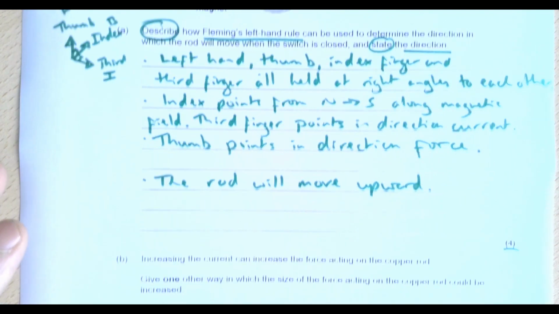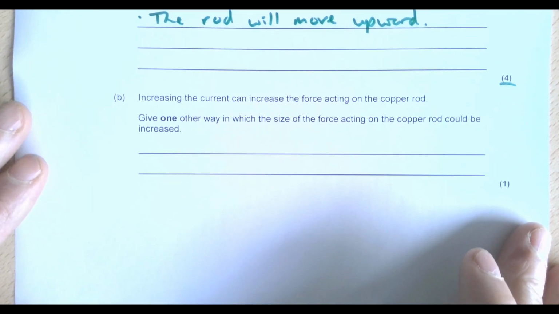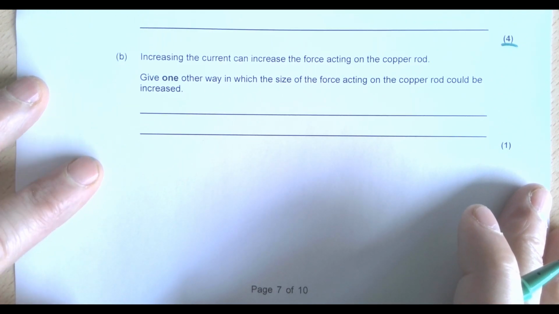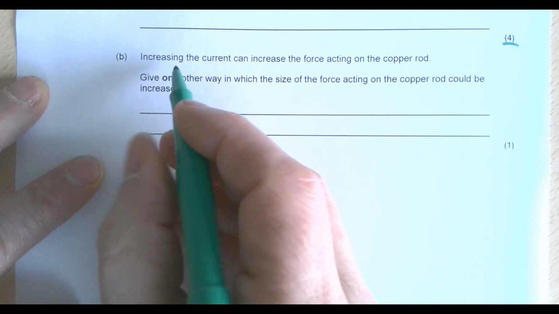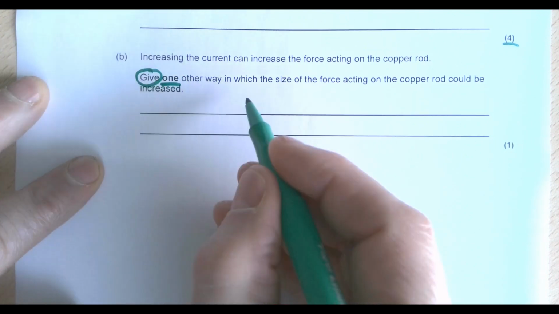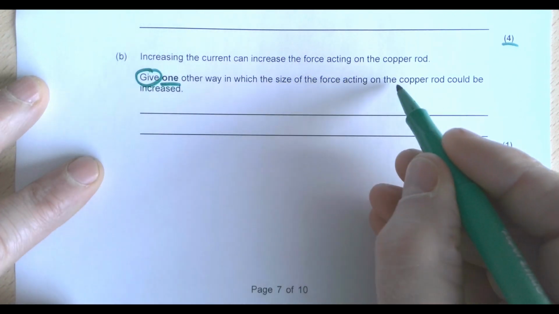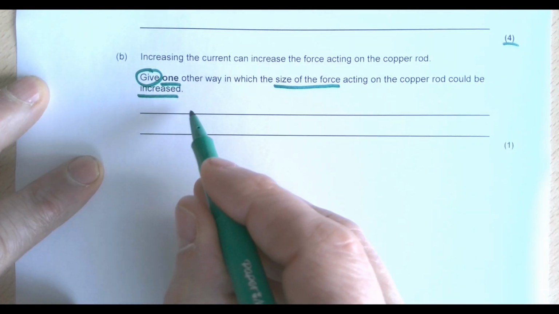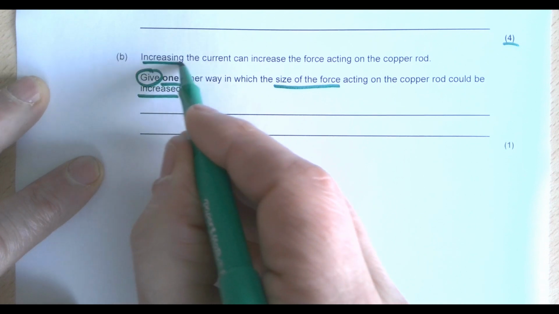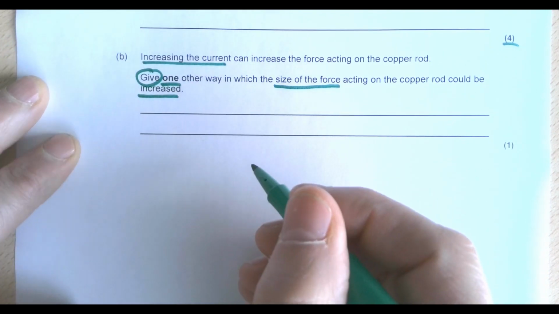Okay, next one. Increasing the current can increase the force acting upon the copper rod. Give one other way in which the size of the force acting on the copper rod could be increased. They've said increasing the current, so I can't have that.